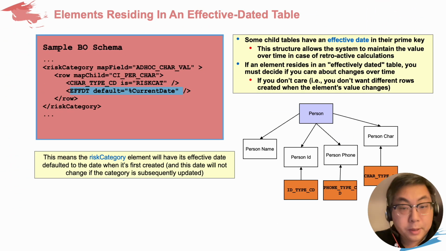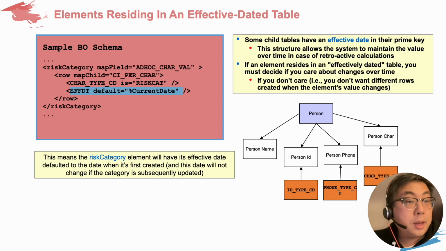Right, so the next one is about effective date. Now, not all the child tables would have effective date, but the most noticeable is the characteristic table. And characteristic table actually applies to a lot of the MOs.